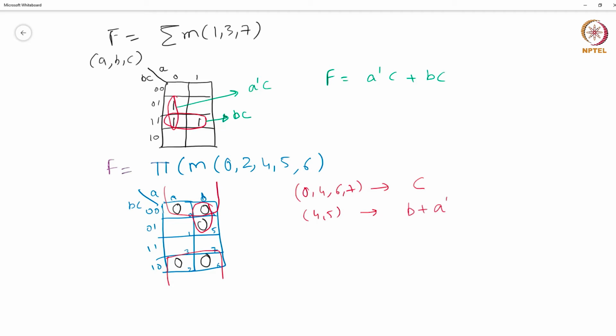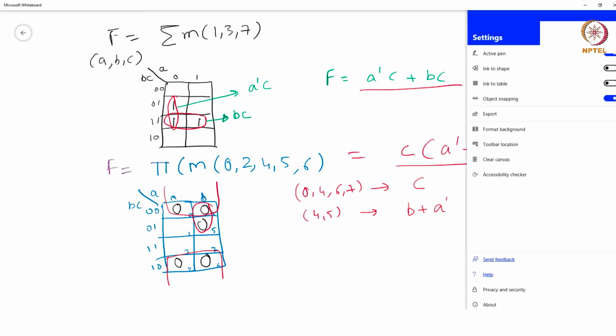So I can write the whole expression also as product C A dash plus B. So if you see, this expression and this expression are actually equivalent. So this is how we can create using a sum of product or using product of sum.